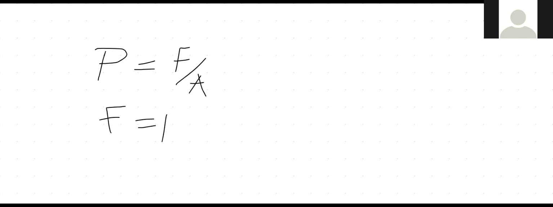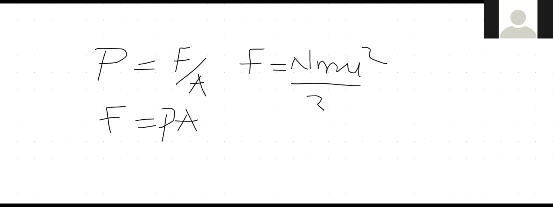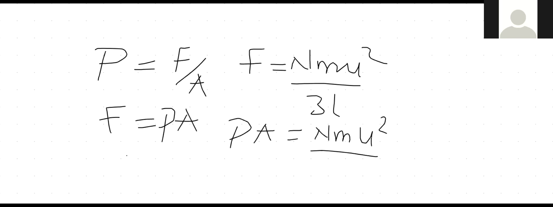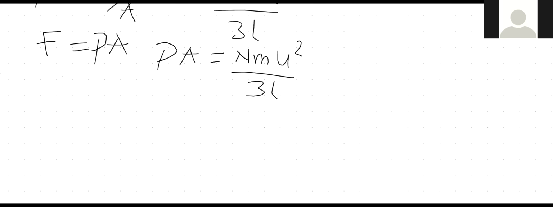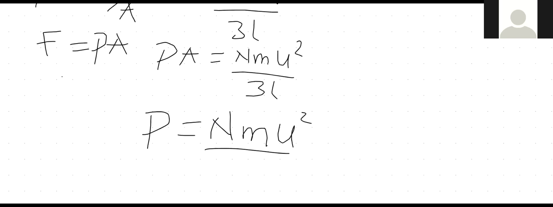So therefore now, remember that from our previous derivation, we have F is equal to NMu squared all over 3L. So we now replace the F with PA is equal to NMu squared all over 3L. And then from here, we can now make P the subject of the formula. Therefore, at the end, we are going to have P is equal to NMu squared all over 3AL.